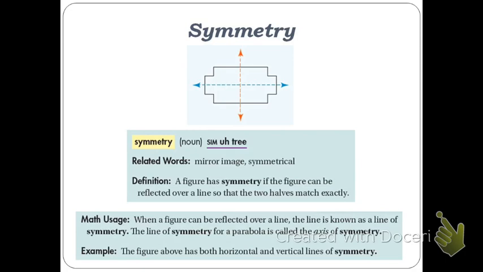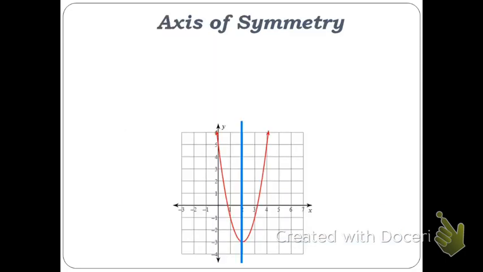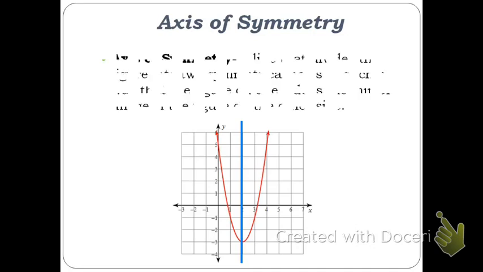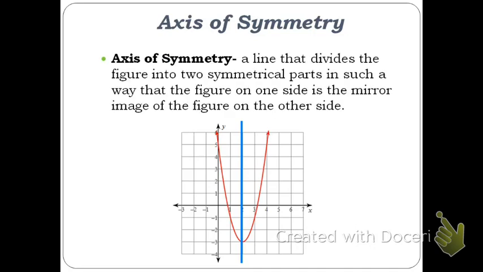I want to give you an idea of an axis of symmetry here. If you look, we have this line that we're going to be referring to. This is in a quadratic problem where you see this U-shaped curve.